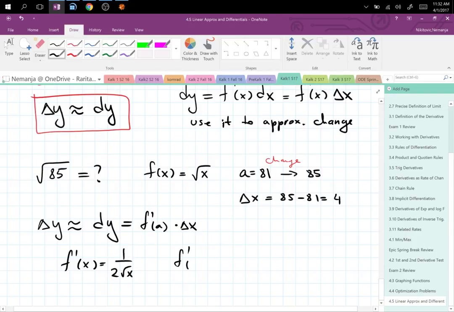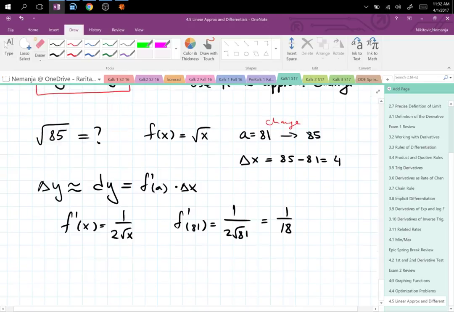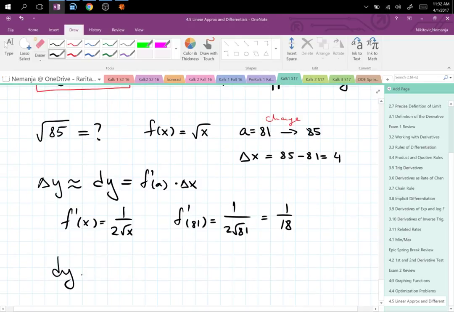So f prime at 81 is 1 over 2 root 81, which is 9, which is 18 altogether. So what I found is that dy is equal to 1 over 18 times 4, which is 2/9.